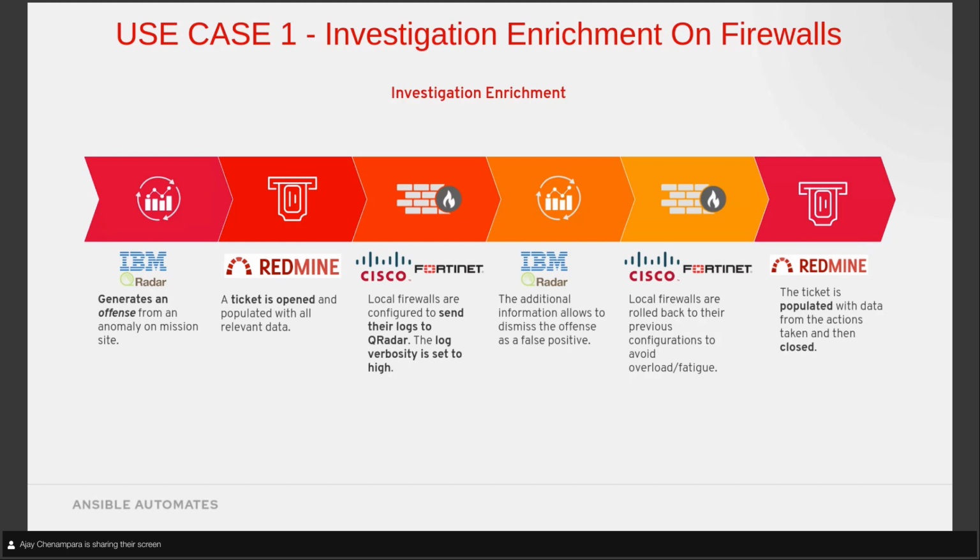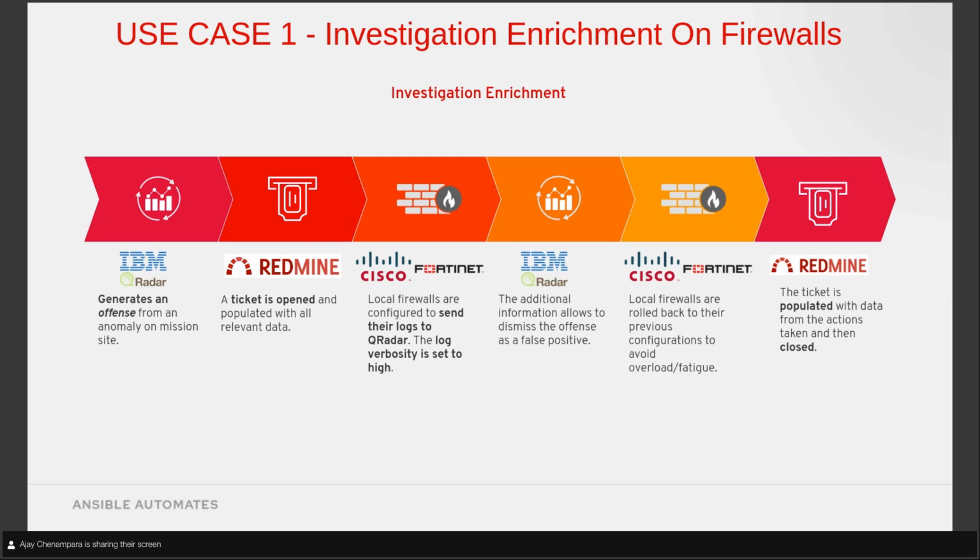That ticket might travel and reach the network operations person. And the network operations person, depending on the priority and urgency, will have to forward the logs into or change the log settings on the firewalls to make sure that either the logs are being forwarded to QRadar or the log levels are increased while sending it to QRadar.